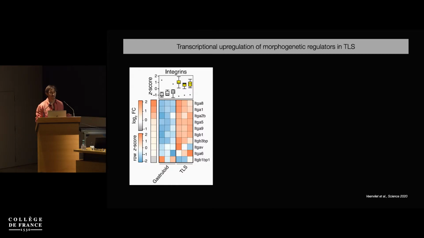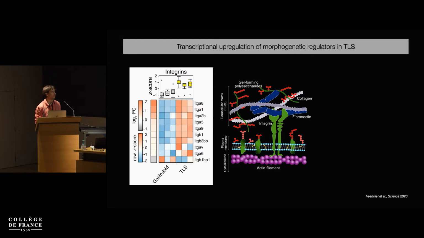One thing we noticed when we transcriptionally compared gastruloids and trunk-like structures is an upregulation of morphogenetic regulators and especially integrins. So we saw a very profound and consistent upregulation of integrins in trunk-like structures compared to gastruloids. And as you all well know, integrins link the actin filaments to the extracellular matrix proteins.